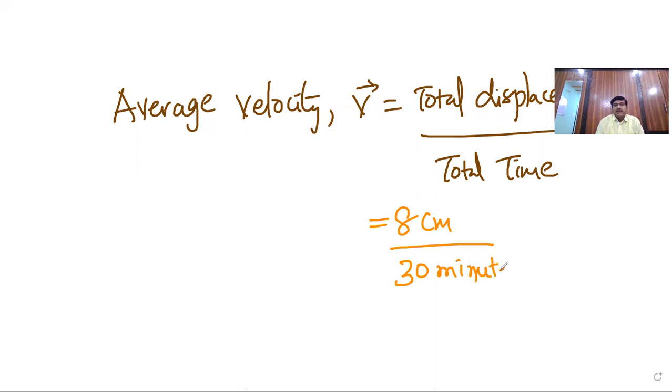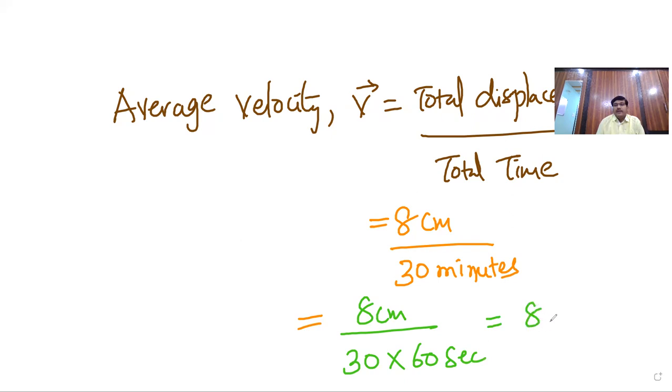I am converting this 30 minutes into seconds. 1 minute is 60 seconds. So 30 into 60, so many seconds. So 8 centimeter by 1800 seconds. 1800 seconds.